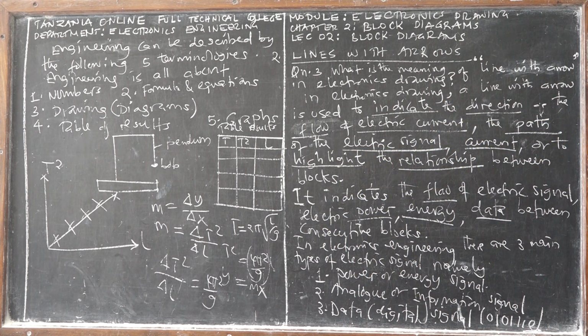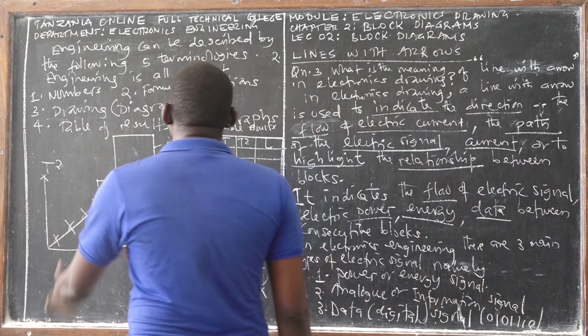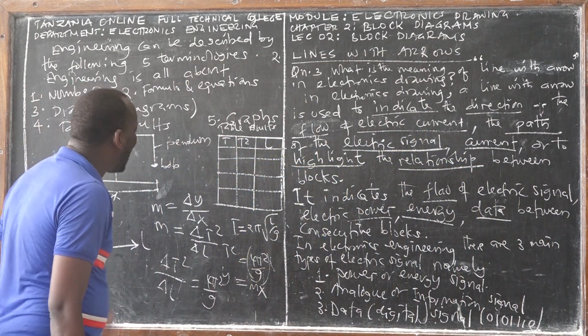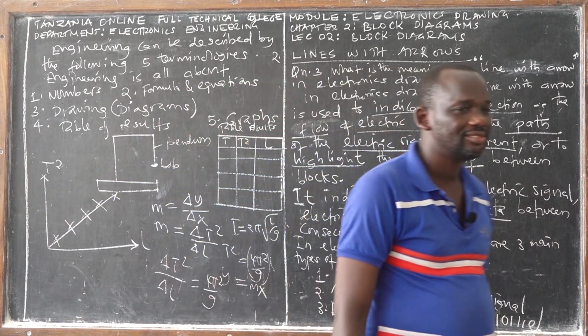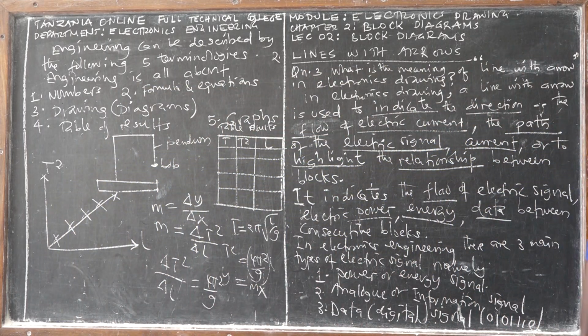No. If the answer is no, tell your neighbor that I appreciate that you are a real politician in electronics and telecommunication engineering. Why? Because you cannot say that you're learning electronics and telecommunication engineering and then you don't draw even one graph in a week. So you are learning political electronics engineering and political telecommunication.